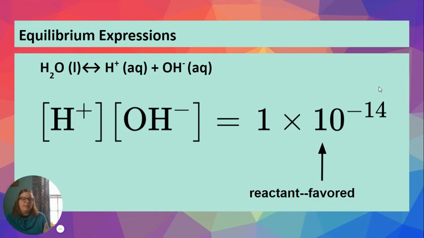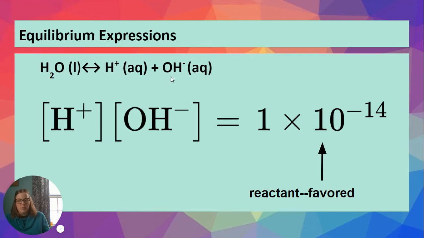In this case, the K value, because it is very small, means that it's reactant favored. What you actually see is that Ks that are less than 1 are going to be reactant favored at equilibrium. So at the end, when all this settles down and I get to a point where my rates are equal going back and forth, technically not the end, but you know what I mean, I'm going to have a heck of a lot more reactant here and not a lot of product.